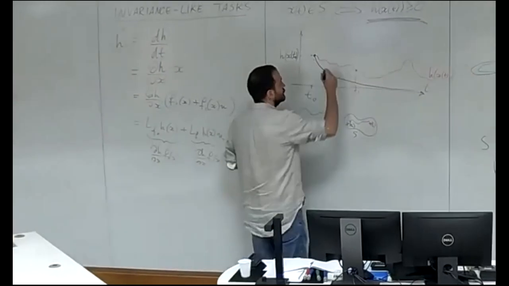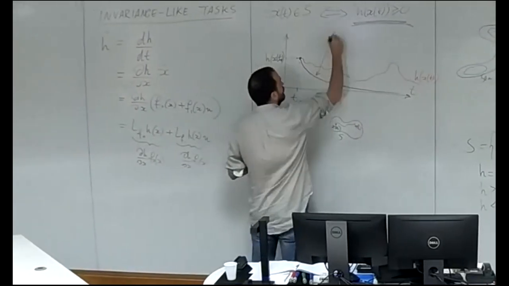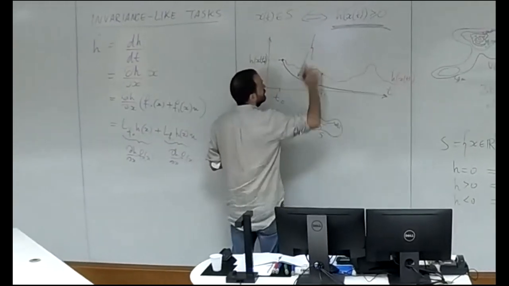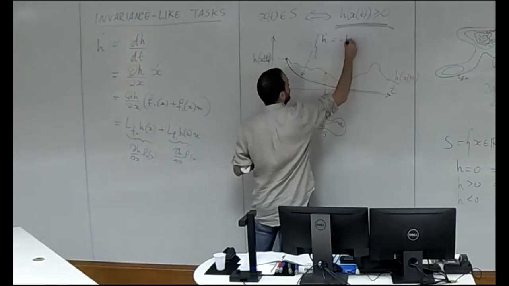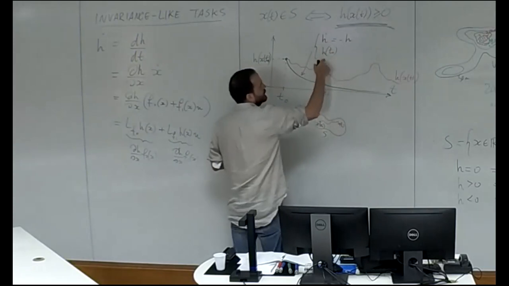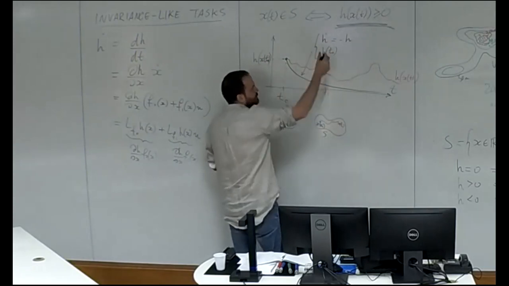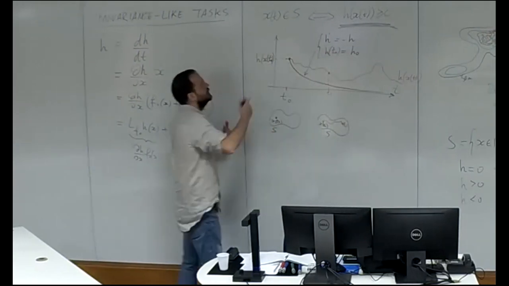Now, just like we did for the control function, this vector is the solution of h dot equal to minus h, with h at time 0 equal to h0, the initial condition.